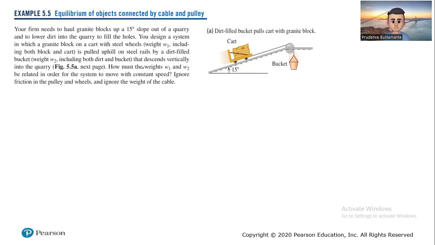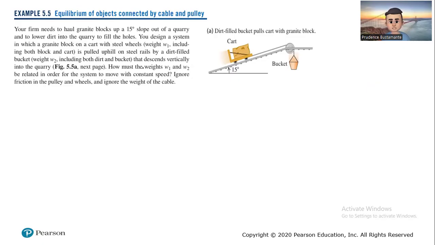You design a system in which a granite block on a cart with steel wheels, weight 1, including both the block and the cart, is pulled uphill on steel rails by a dirt-filled bucket, which is weight 2, including both the dirt and the bucket, that descends vertically into the quarry.